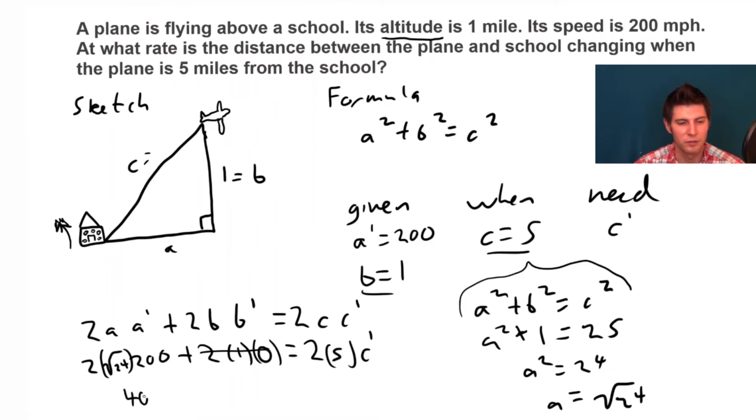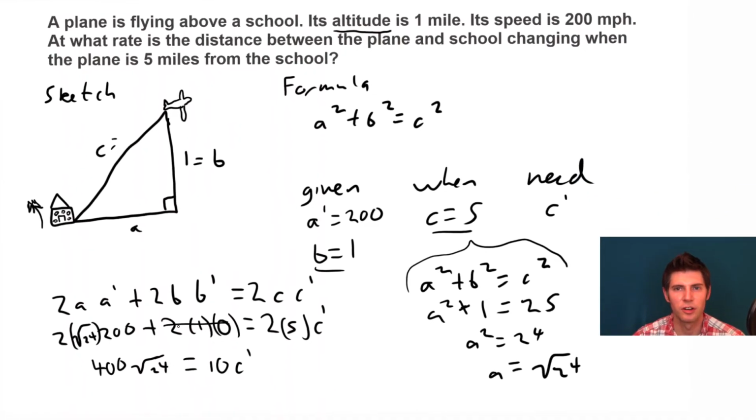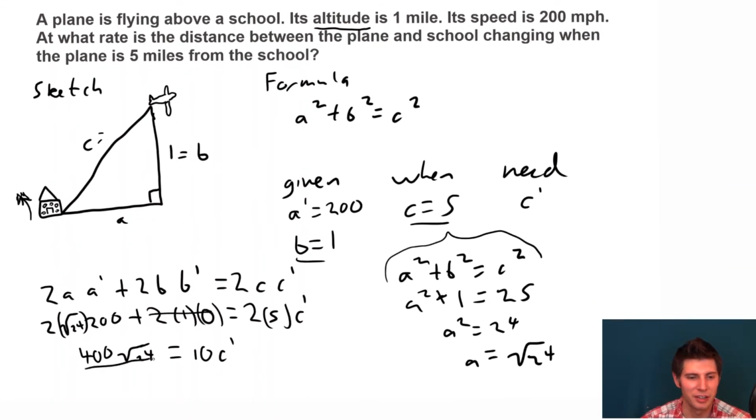So now we have 400 root 24, and that can be simplified, but I'll wait, equals, and we have 10 c prime. So now to solve for c prime, we're just going to divide everything by 10. And we get 40 root 24 for c prime.